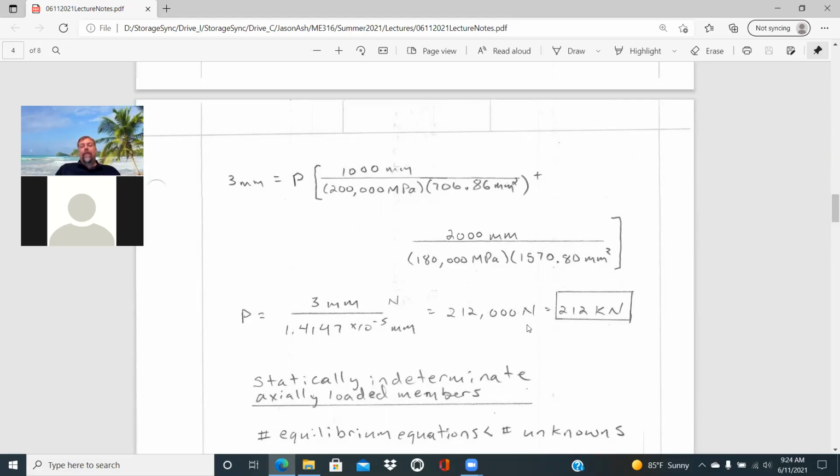with our force being in newtons, and we could then convert that to kilonewtons if you wanted to shorten the number of digits you have in your answer. Generally, as you're going through and solving these types of problems, you'll want to carry like 4 to 5 significant figures through your calculations, but then it's fine to round your final answer off to say 3 significant figures.